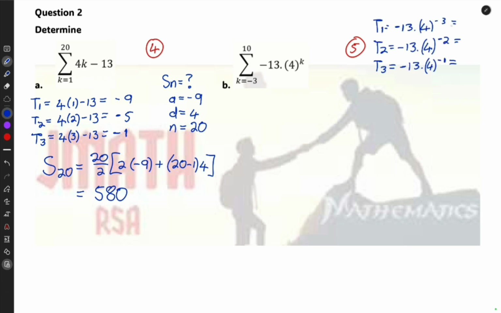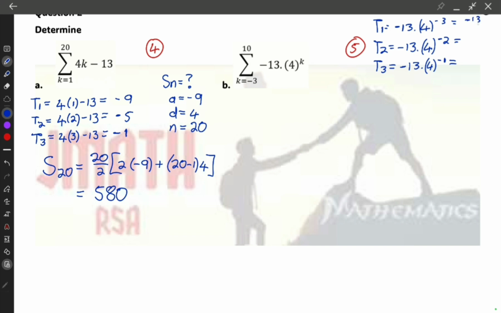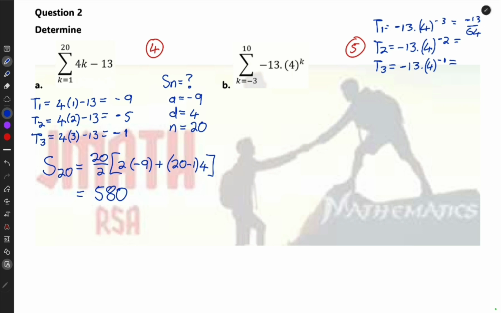Question B. So I'm going to do exactly the same, but now it's a bit trickier because I'm not starting at 1. So if I sub that just in the calculator, I will get to my term 1 as minus 13 over 64. Term 2 would be minus 13 over 16, and then the next one would be minus 13 over 4.